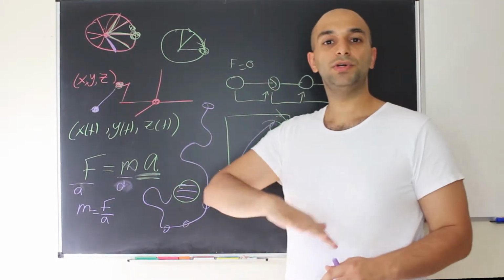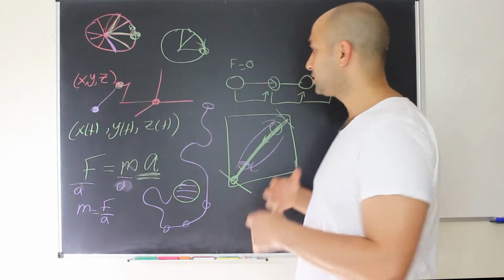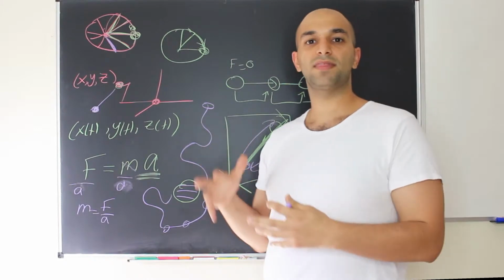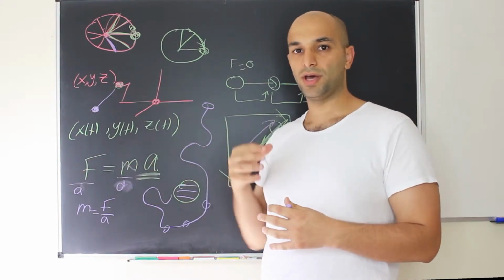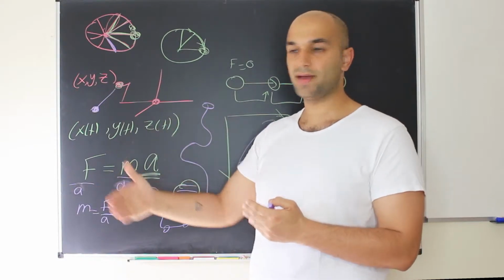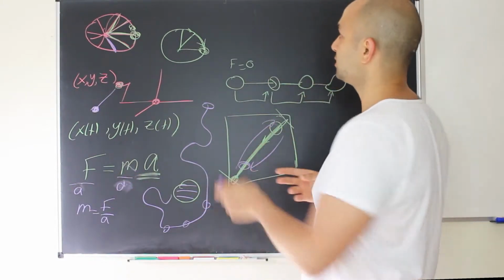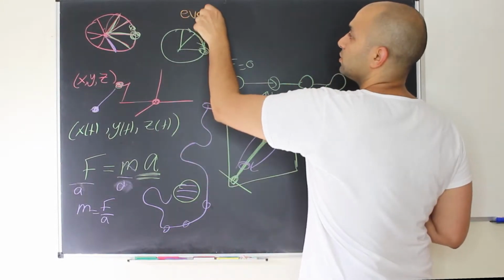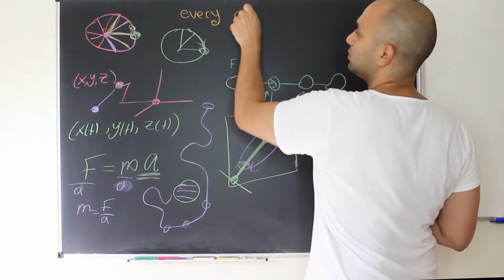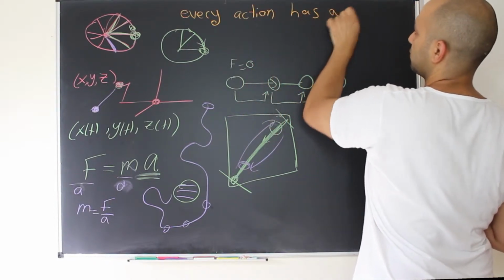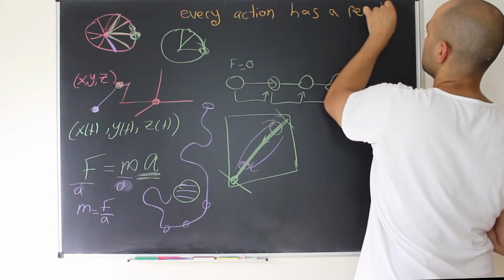Well, this is where Newton's third law comes in. It's actually something that you can use to define or know whether something is heavier or not. Which one is heavier, which one is lighter, and what is the ratio between their masses. So Newton's third law says, every force, every action has a reaction. Okay, that's in words.